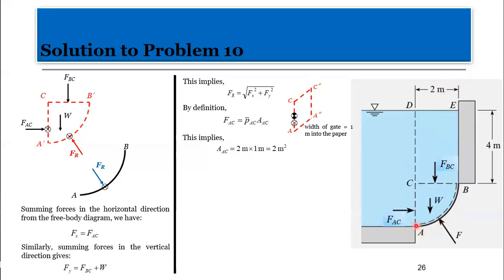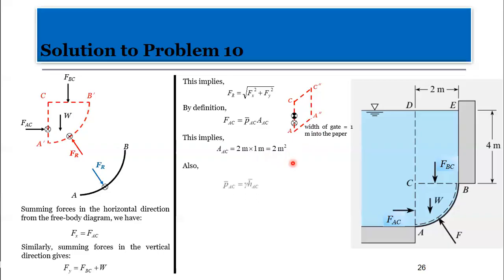Drawing a radius of 2, we still have AC to be 2 meters, the height. So the area is height times the breadth, and the breadth is into the paper, into the screen. So we have 2 by 1 meter, which is 2 meters squared.